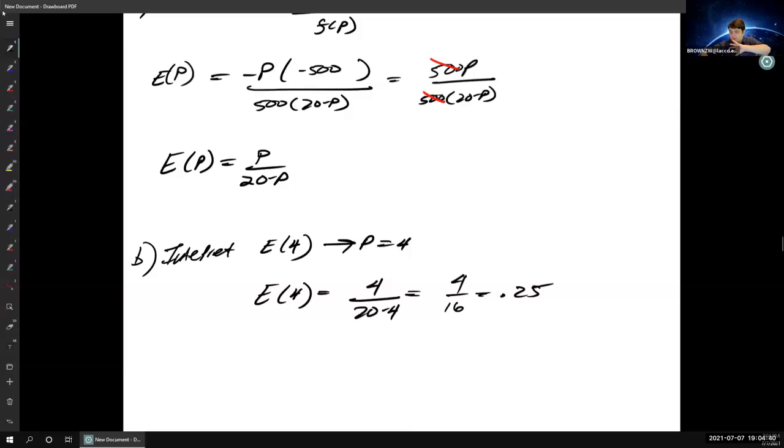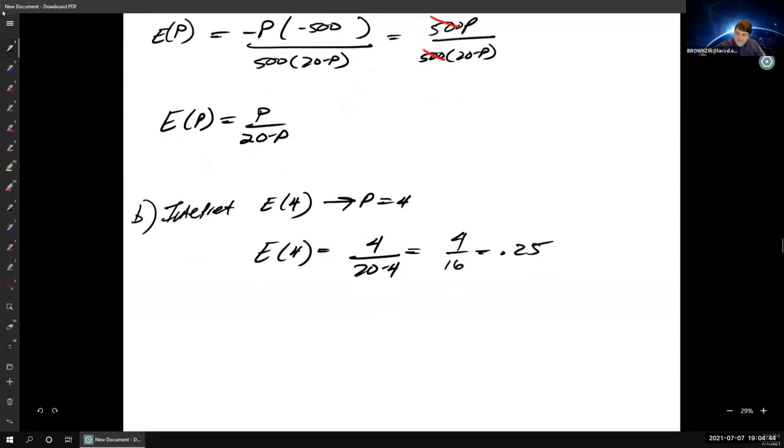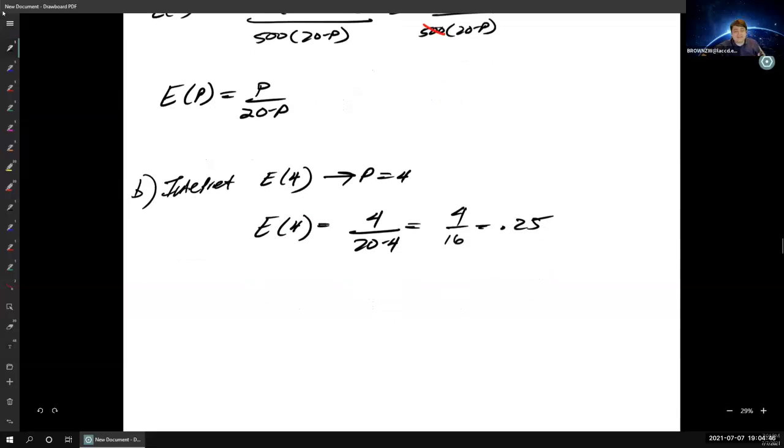Okay, so there's a lot going on here. This is kind of like the conversion rate. This is telling us that whatever our change in price is, there will be a 0.25 relationship between the change in demand.